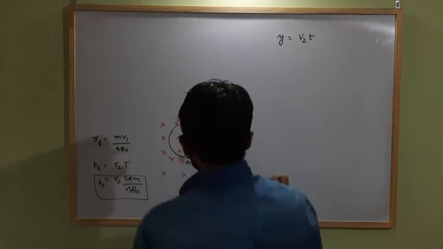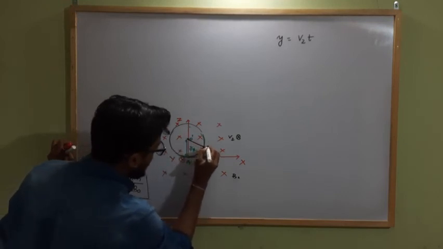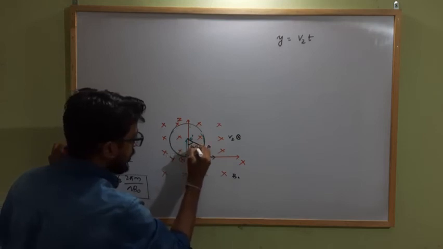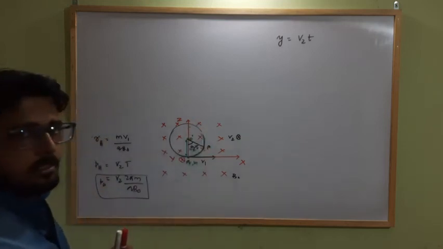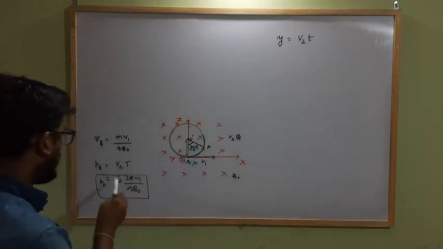So let at any instant of time t, the particle be at a point P. This angle is omega t. Clear? So what is the omega for this circular path? This is the time period.